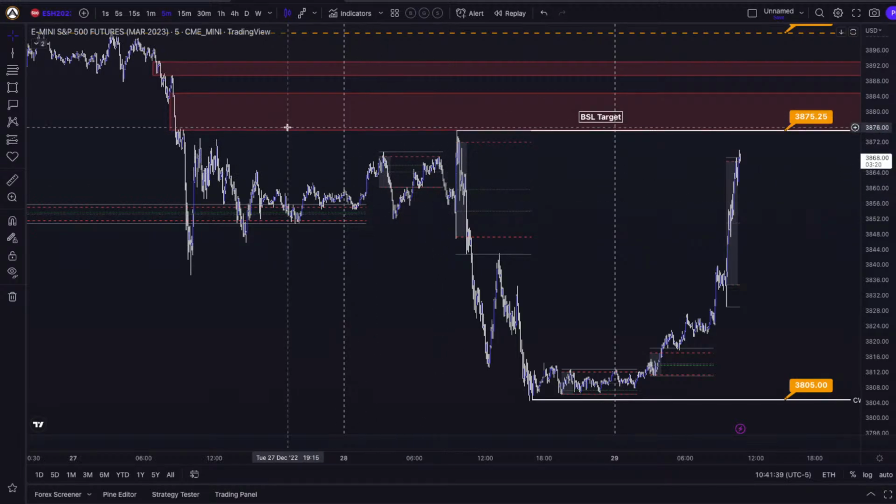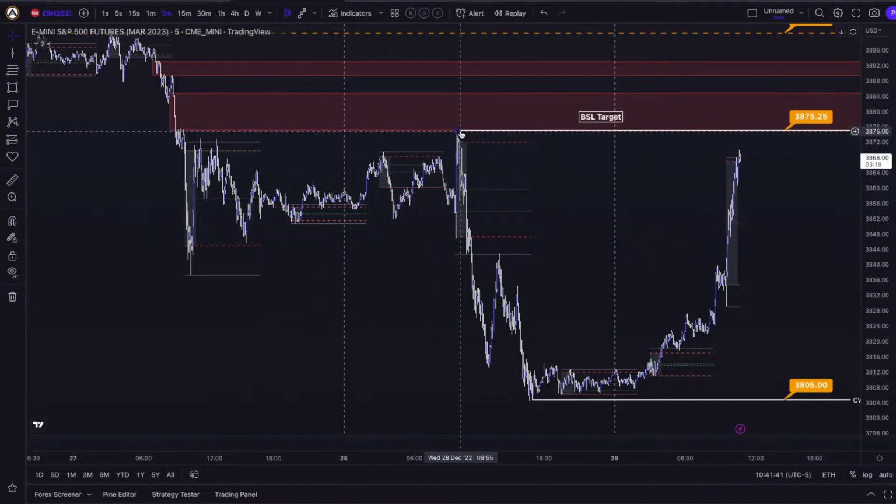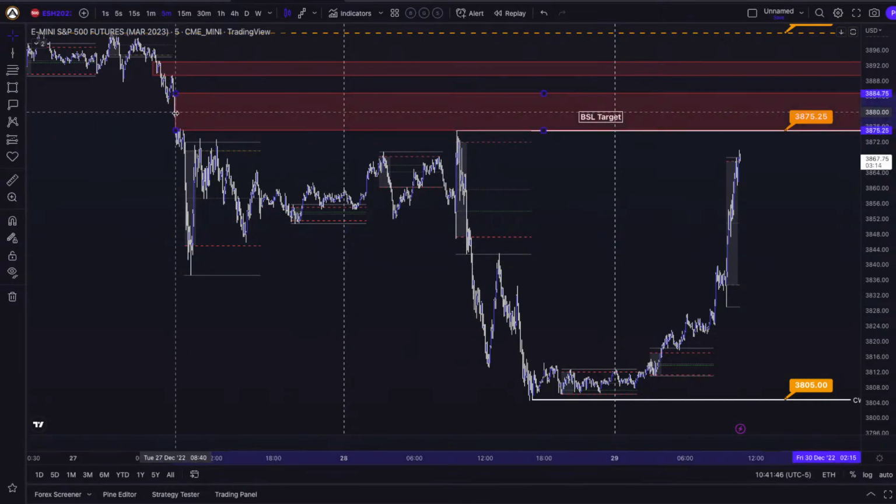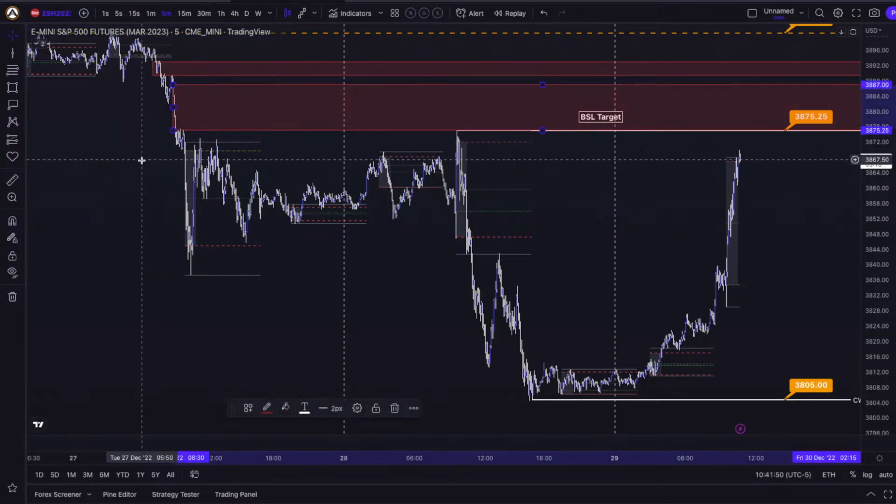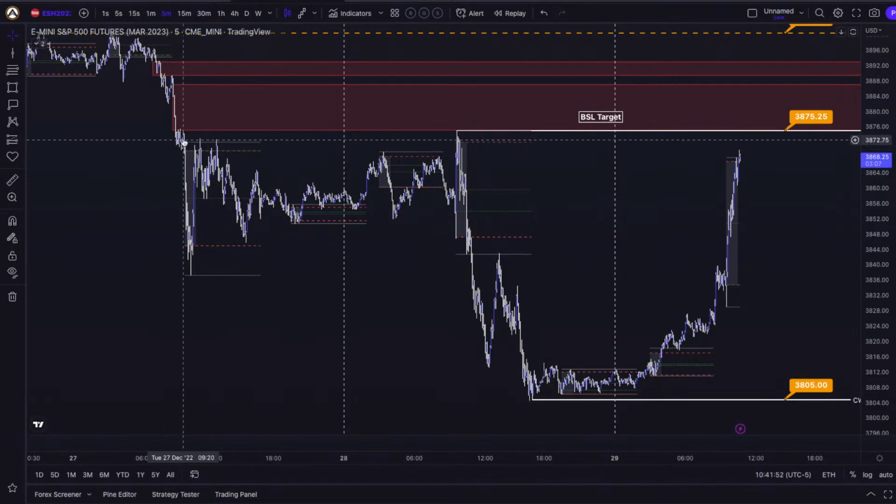And now we can see how this major fair value gap above our previous day's high right here is lining up with 15-minute and 5-minute fair value gaps. We could actually extend it up even higher for our lower time frame. You could also draw those 5-minute fair value gaps in here now, but we're gonna leave it like it is.